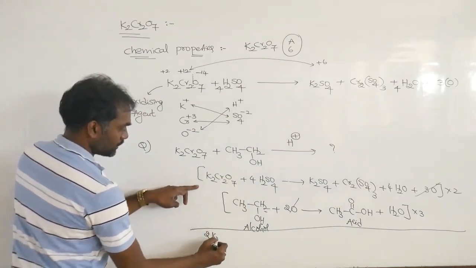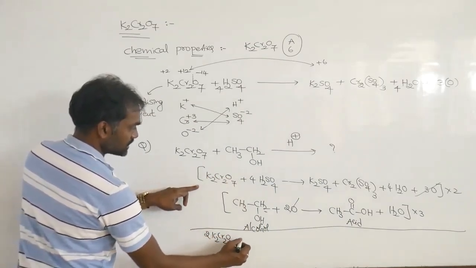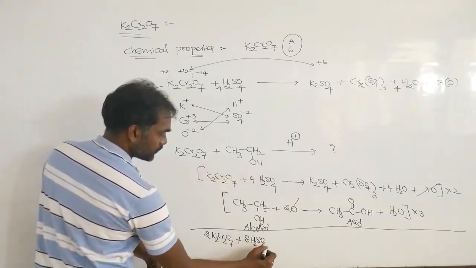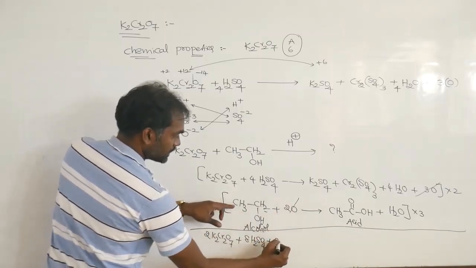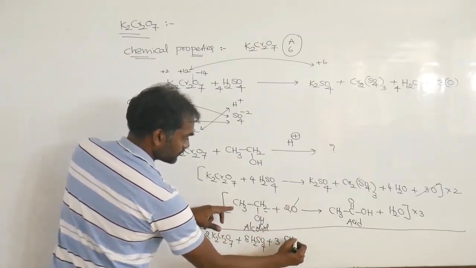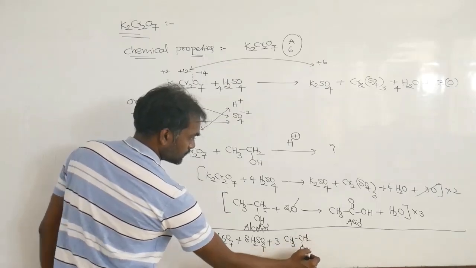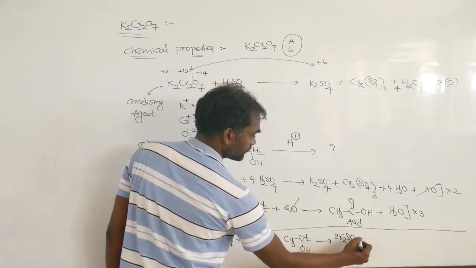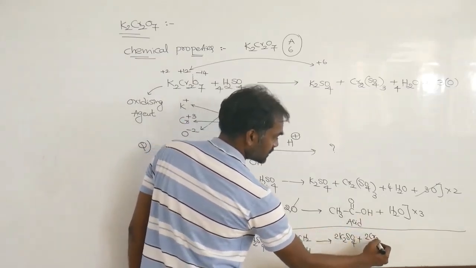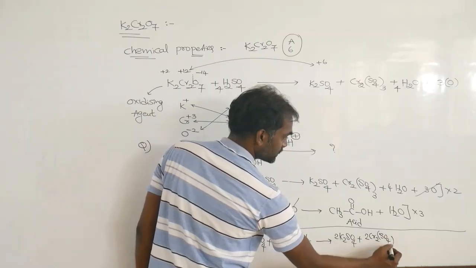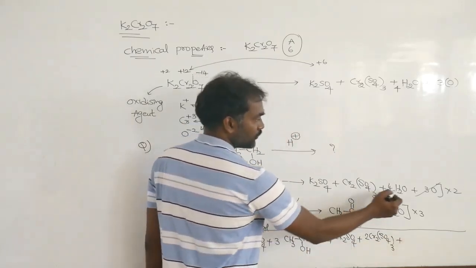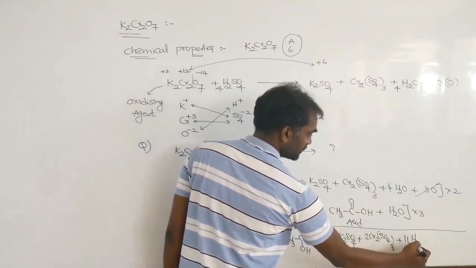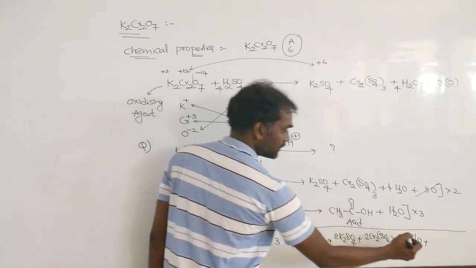So 2 K2Cr2O7 plus 4 2s are 8 H2SO4 plus 3 moles of alcohol gives rise to 2 K2SO4, 2 Cr2(SO4)3 taken thrice, plus 4 2s are 8, 8 plus 3, 11 water plus 3 moles of acid.